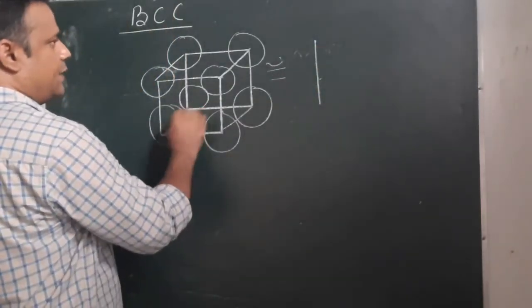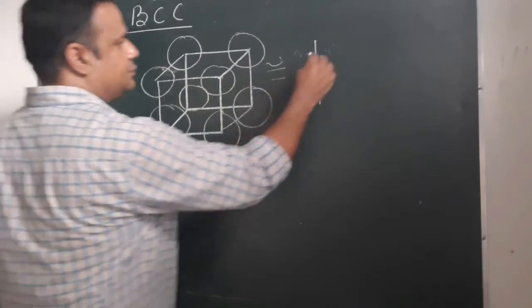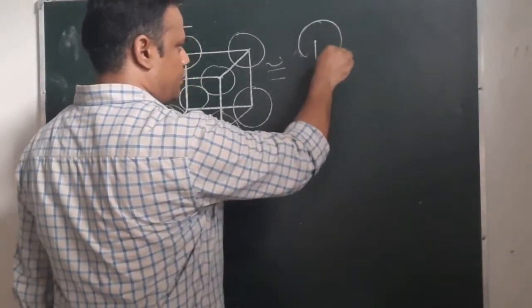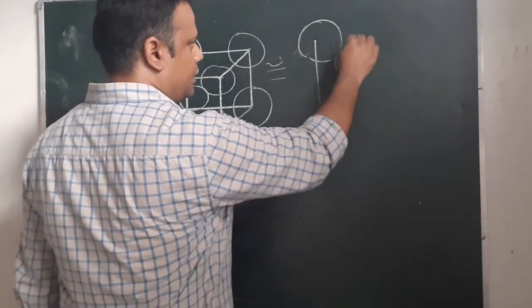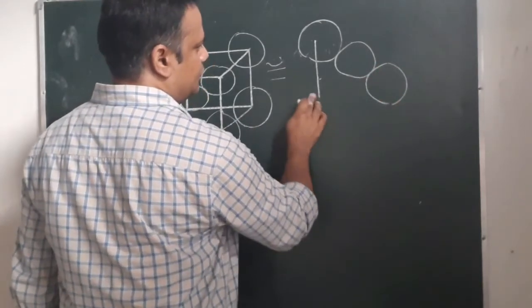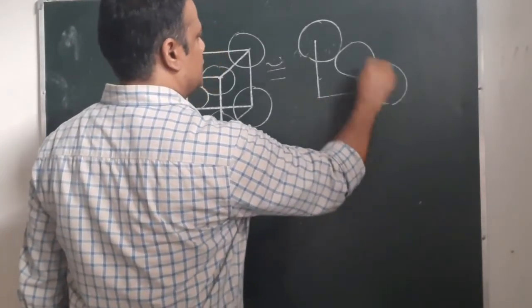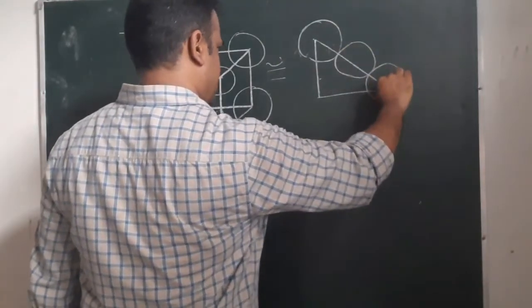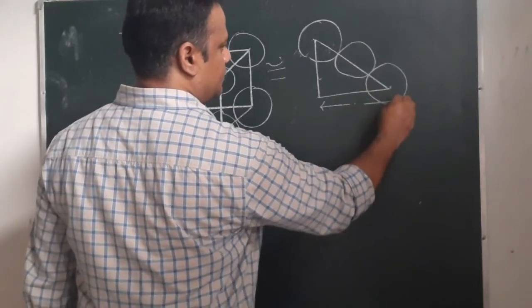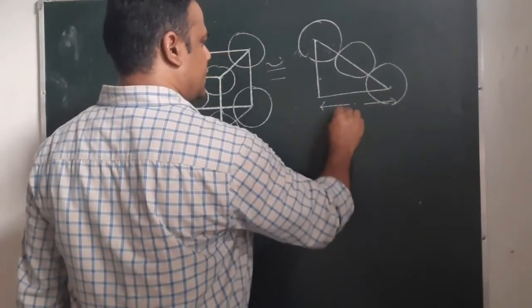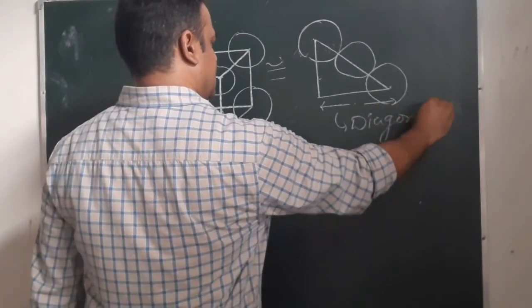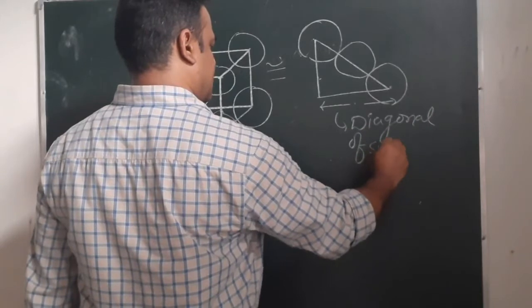So actually we have to find this diagonal. This one is our first sphere, this one will be our second sphere, and this one will be our third sphere. If we join this one, in this case this will be the diagonal of a square.